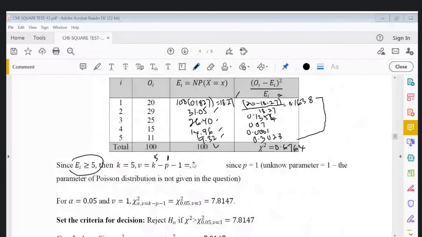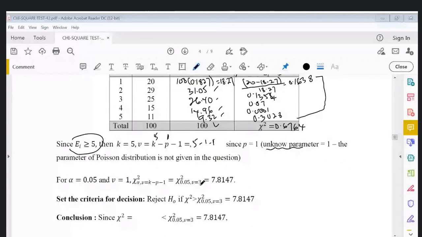This is an unknown parameter, so we just put lambda equal to 1. From the table, 0.05 with 3 degrees of freedom, we can get 7.814.